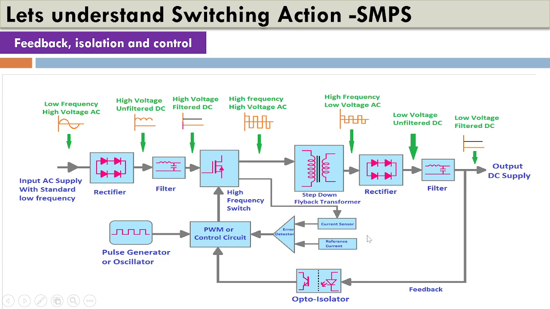This control circuit is equipped with error detection, which will either increase the switching speed of the transistor, keeping the time period of oscillation constant, or reduce the switching speed, again keeping the time period of oscillation constant. You have to remember that this will only change the duty cycle of the time period of oscillation.